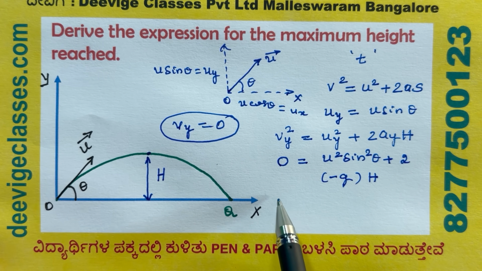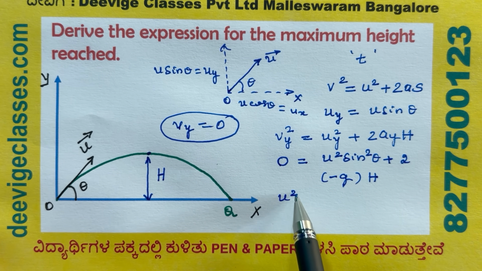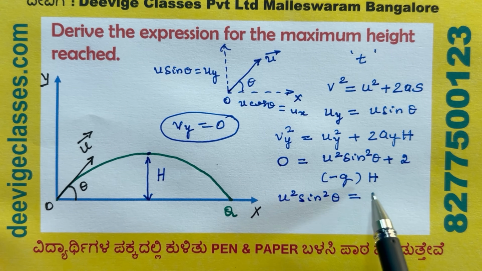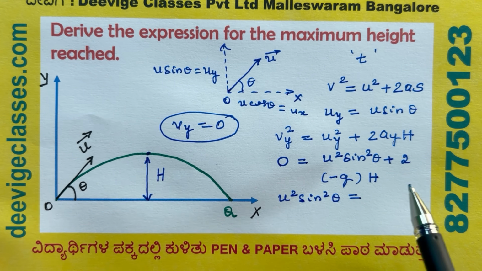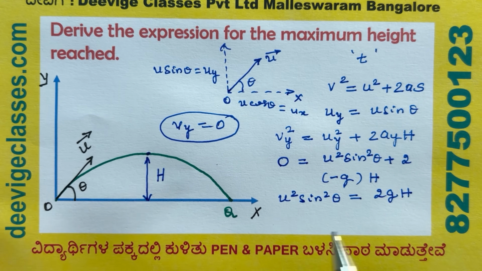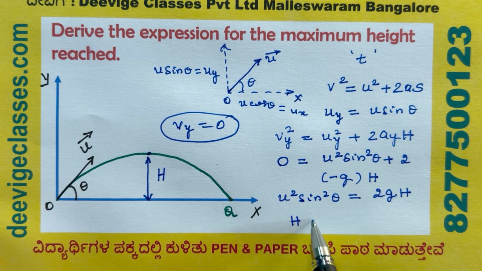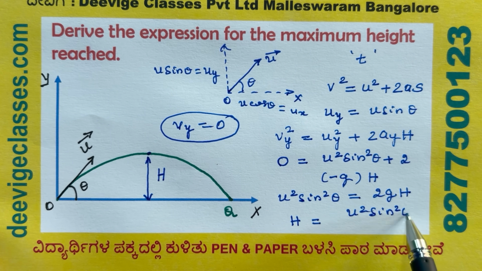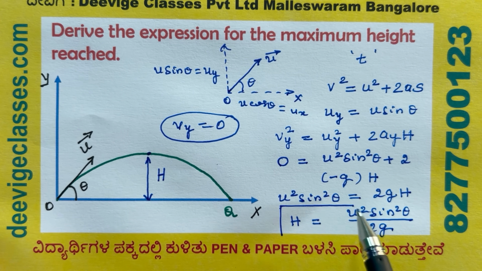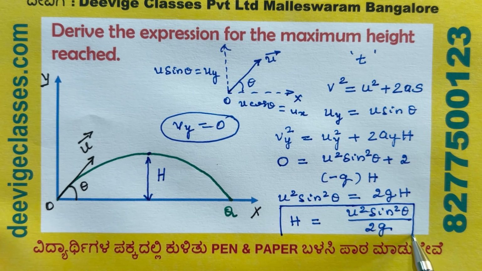So we get u square sine square theta is equal to 2gh, taking the term to the left hand side. Then h is equal to u square sine square theta divided by 2g. This is the maximum height reached by the projectile.